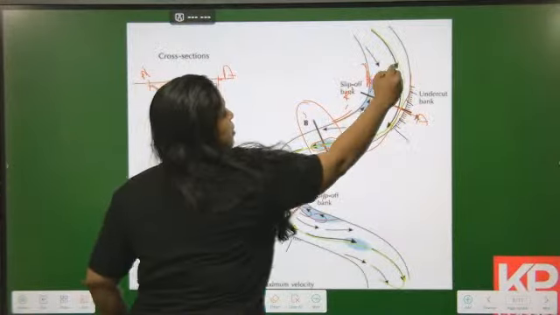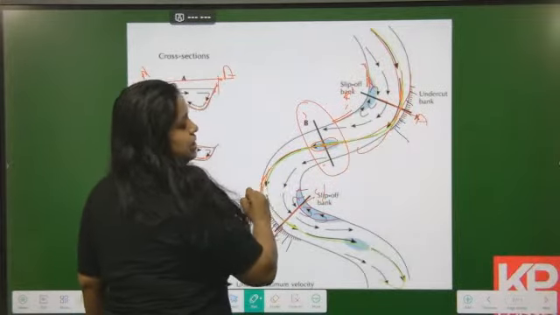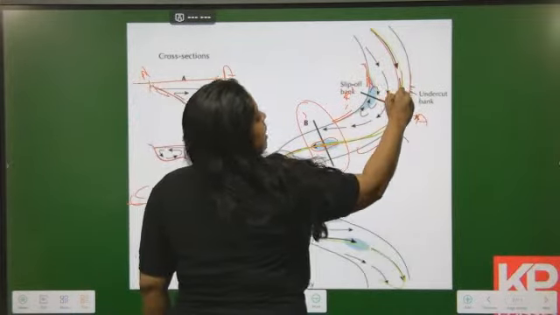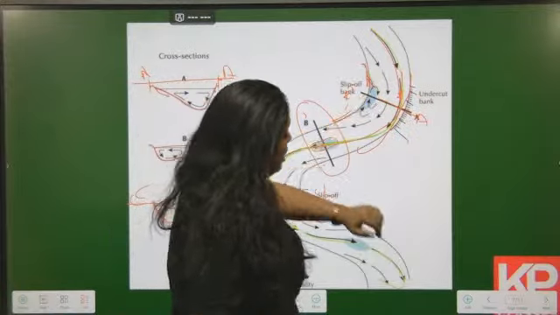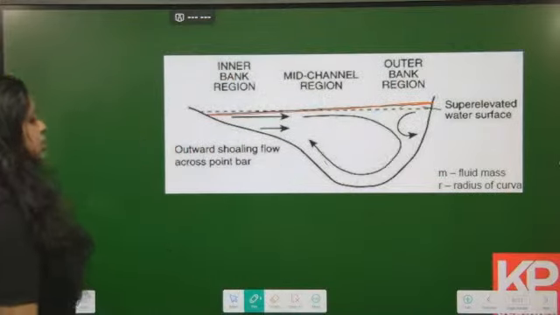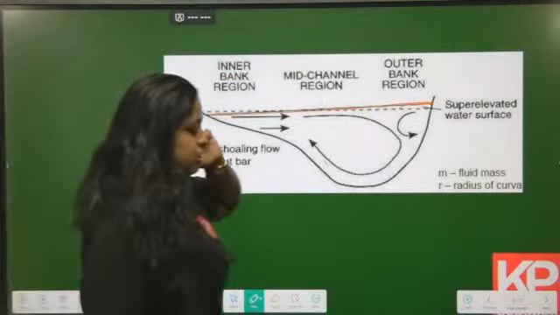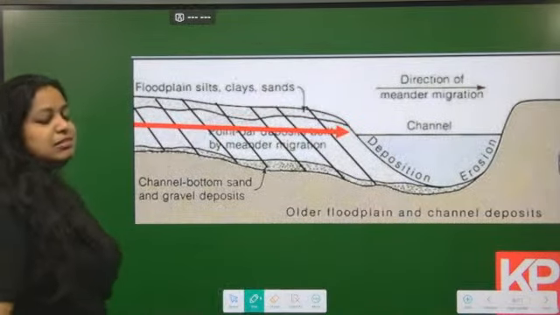So the water level at this particular bank will be much higher than the water level at the inner bank region. Okay, so this is about the water surface level in a meandering channel, and let's see about the deposition.